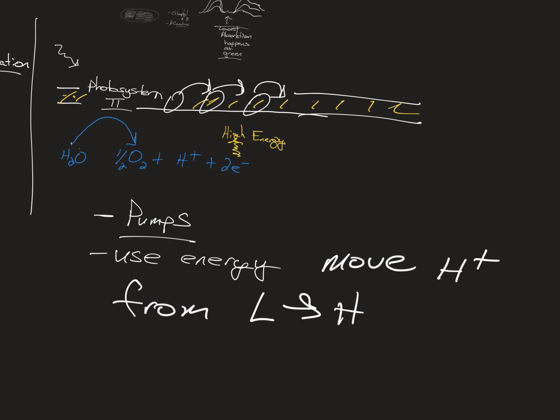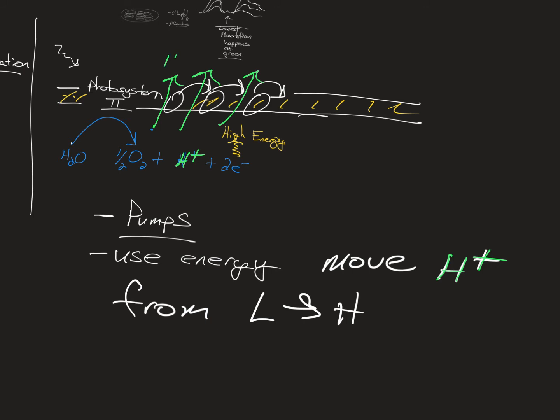So there is energy being used, but it's not ATP energy, which is usually the energy used in active transport. Here, it's the energy in the electrons that's being used, and that's moving the hydrogen ions. Hydrogen ions are going to be moved across the membrane.